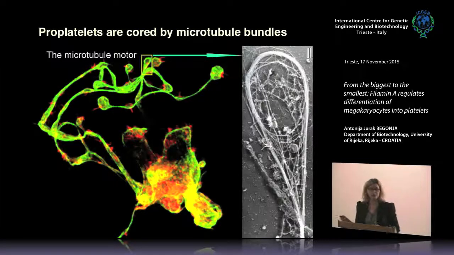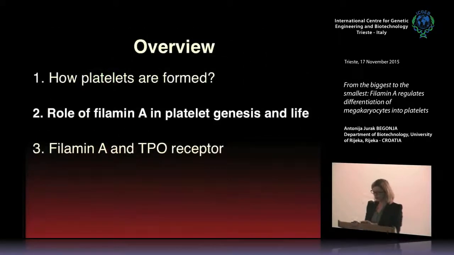On the other hand, the actin cytoskeleton is very important in this process because it makes branches. When a proplatelet needs to branch, actin comes along, and this is a way to amplify the number of proplatelet ends. But what about other proteins?